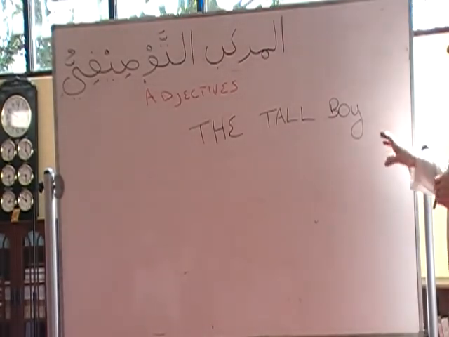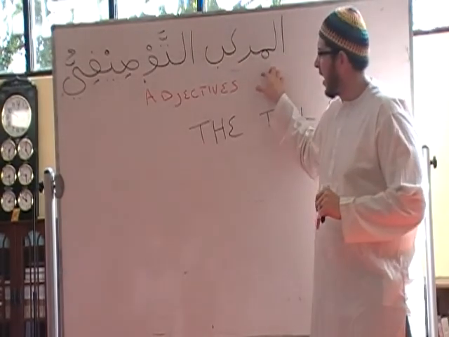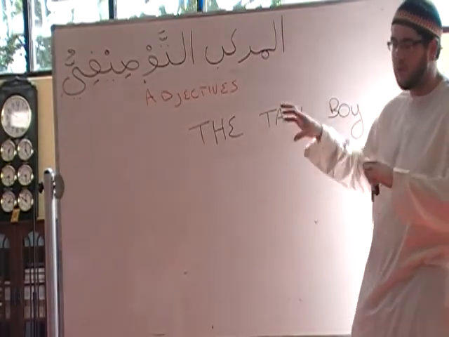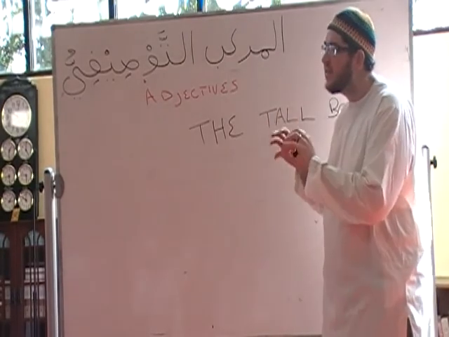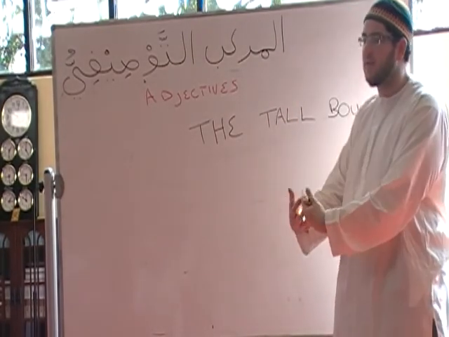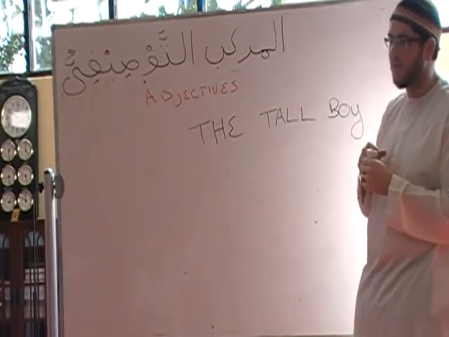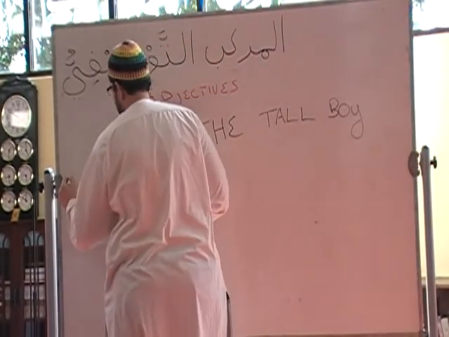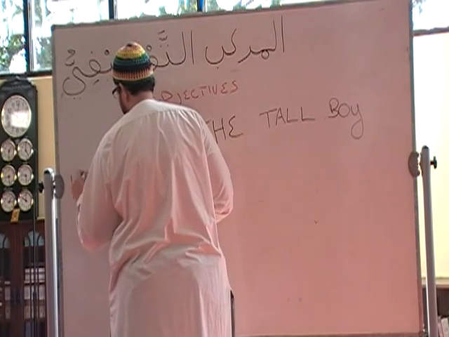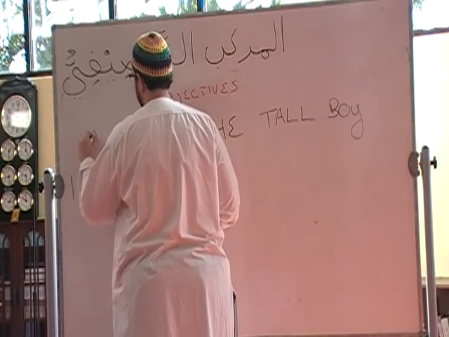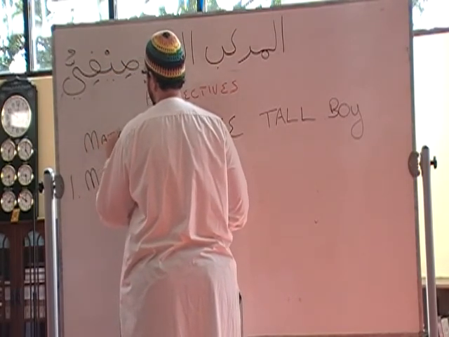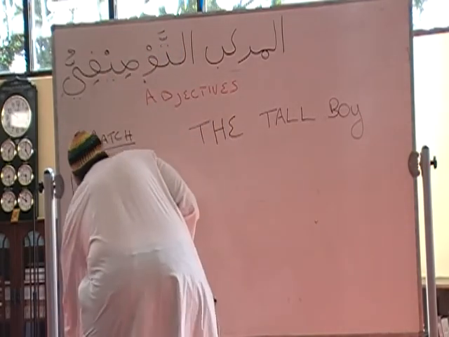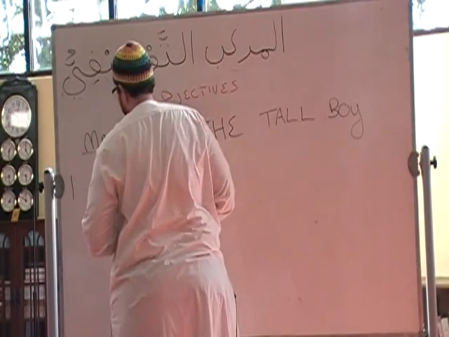The way you identify al-murakkab al-tawsifi is that the 2 nouns match in all 4 qualities of the ism. We've talked about this before. Number 1, they match in definiteness.